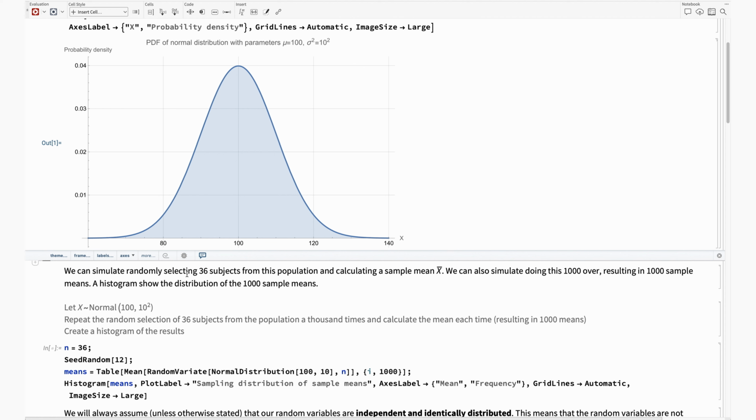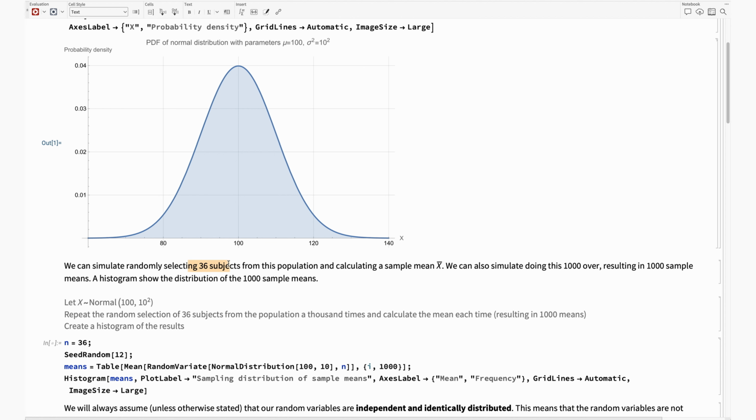We're going to take 36 samples from this distribution, so 36 observations or 36 realizations of our random variable. We're going to take those 36 and then calculate a mean. So we're going to have this x bar, the sample mean.